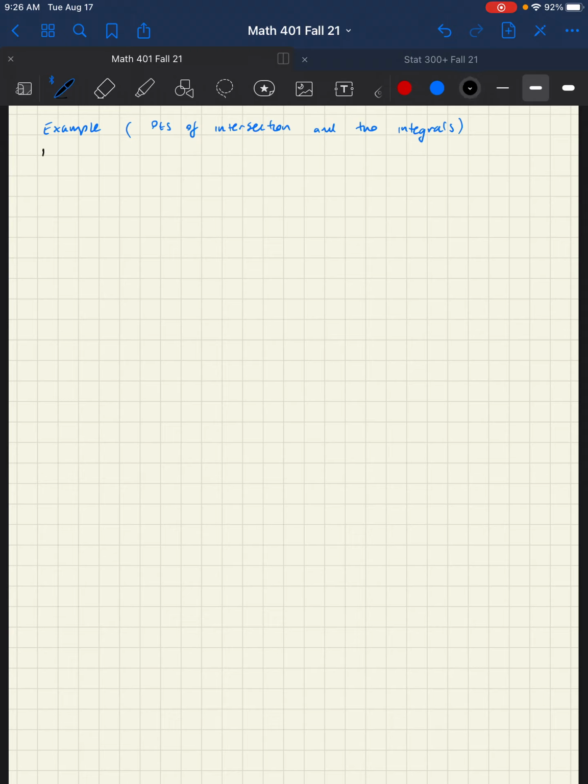All right, so the problem here is find the area bounded between y equals cosine of x and y equals 1 minus cosine of x over the interval 0 to pi.